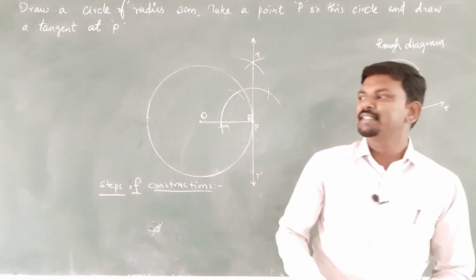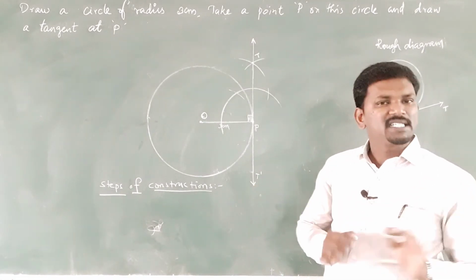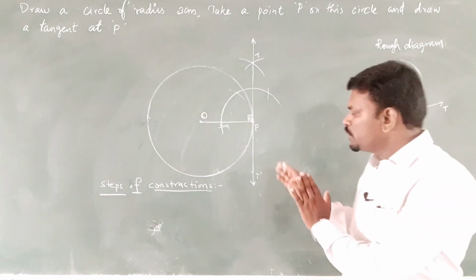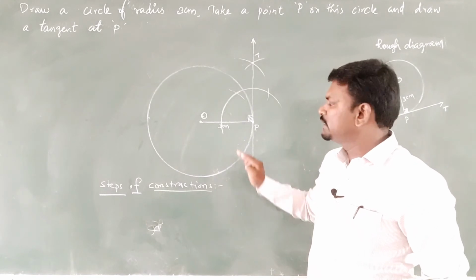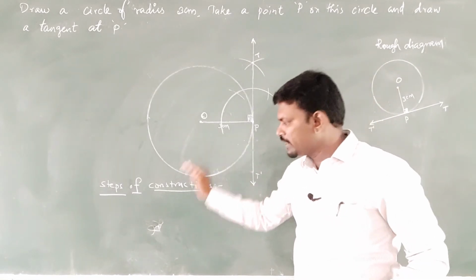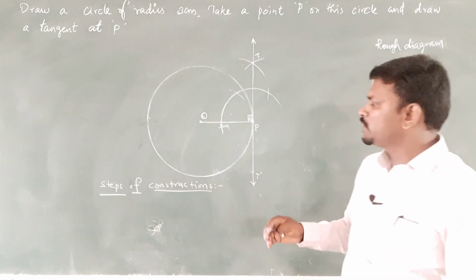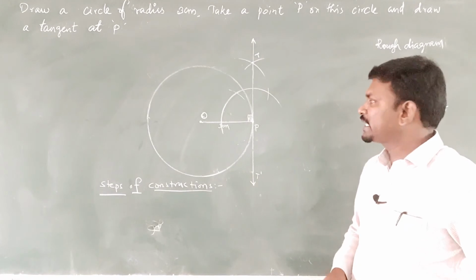So when you write the steps of construction, don't memorize the steps of construction which are given in the textbook. Just you can write whatever you have done. So நீ என்னென்ன பண்ணீங்களோ அதை you can write it in your own sentence. So how can we write the steps of construction for this practical geometry?